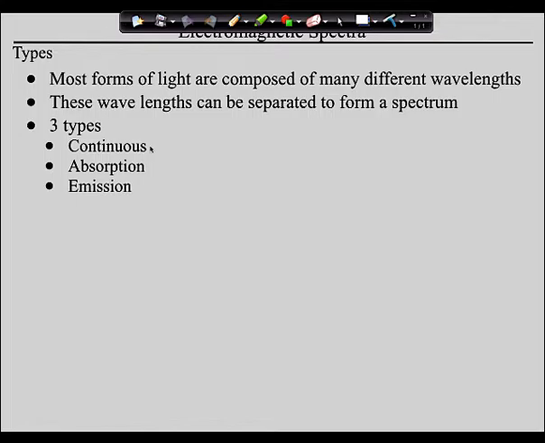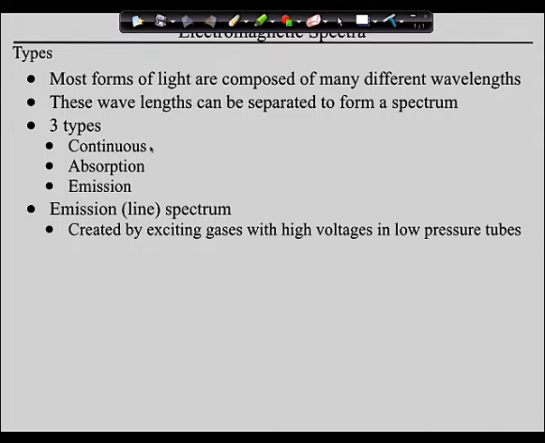Okay, so guys, as we dig into this then, let's talk about the one that we're going to talk about. These are what are called emission spectra. So here's the idea. When we take a gas and we excite the molecules in a gas by passing high voltages through them, we get these electrons to jump into higher energy levels.